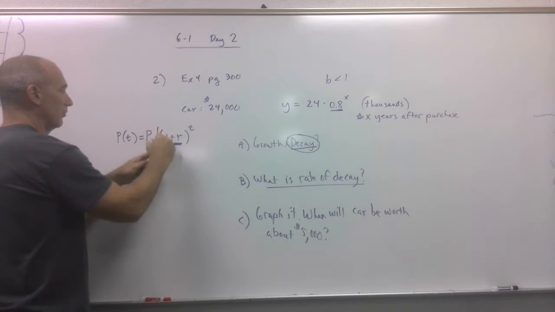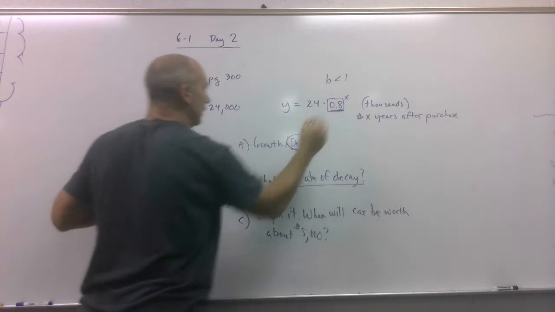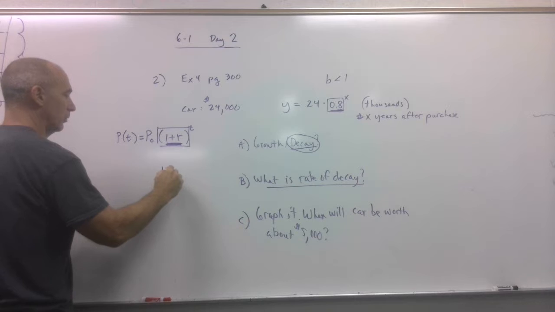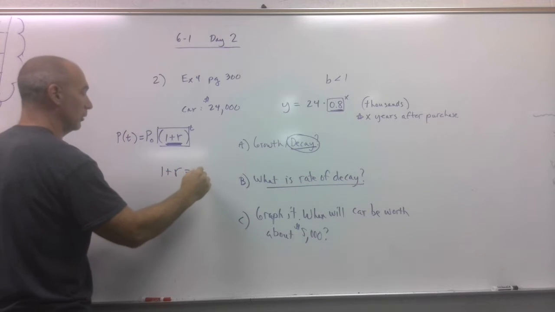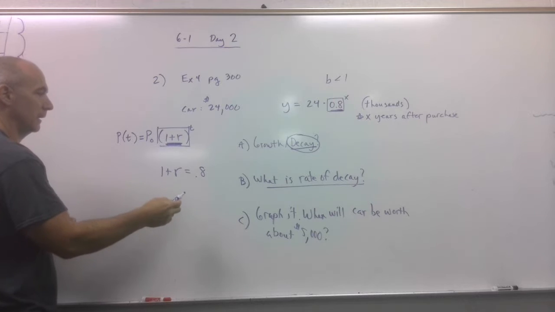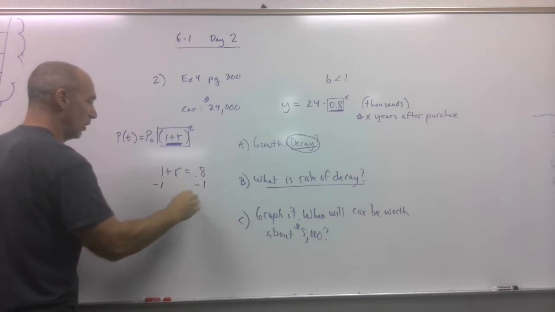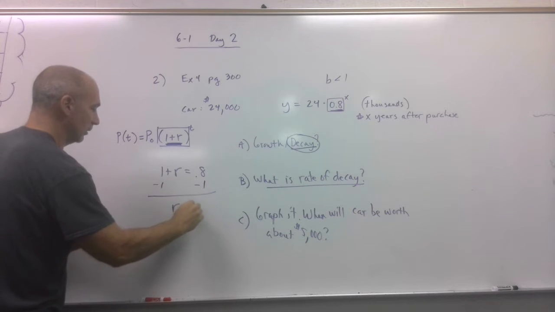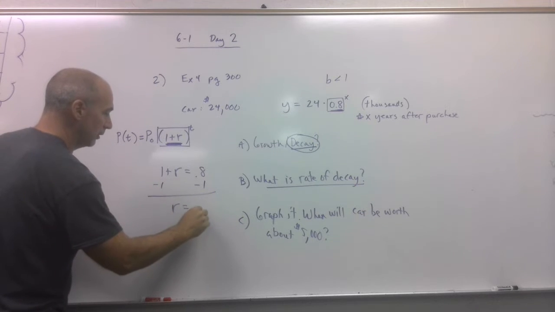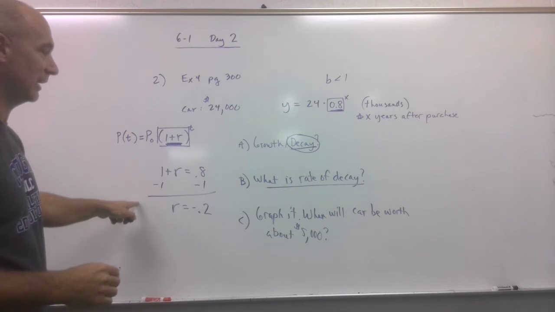Notice this right here equals this right here. So my rate is equal to 0.8, and we go minus 1, minus 1. So my rate is equal to negative 0.2. That is my rate of decay.